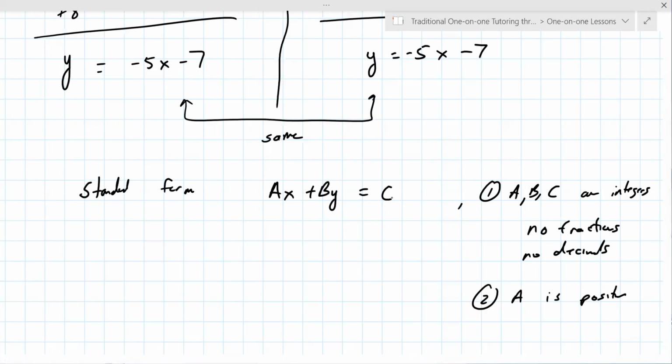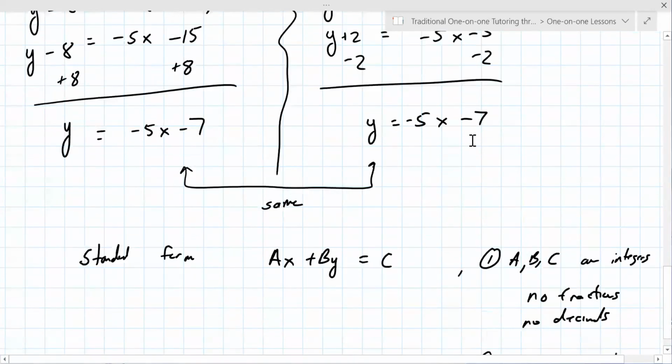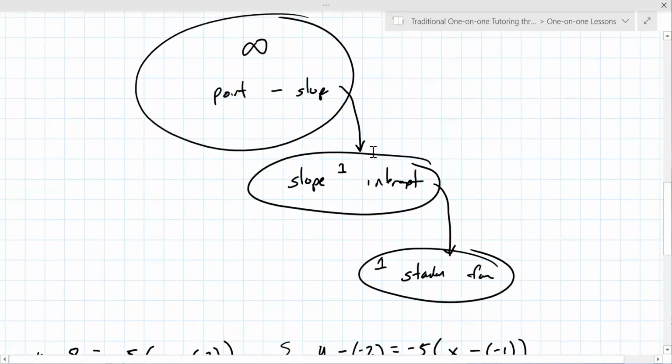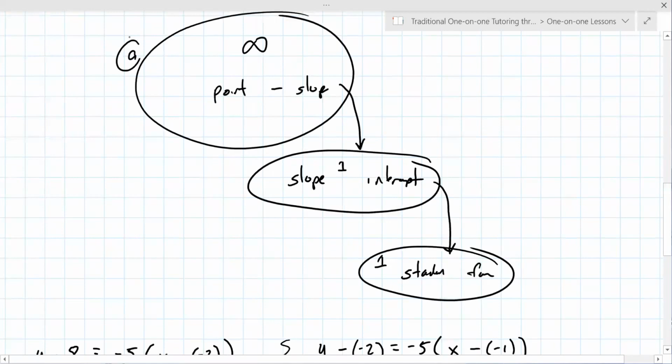So the typical question is, part A is to write it in point slope form, part B is in slope intercept form, and part C is in standard form, because you progress from one to the next, and then the other.